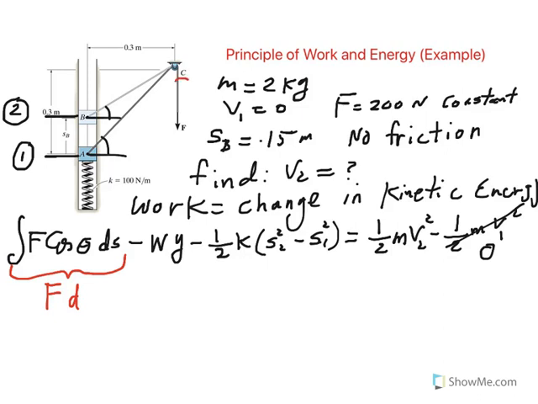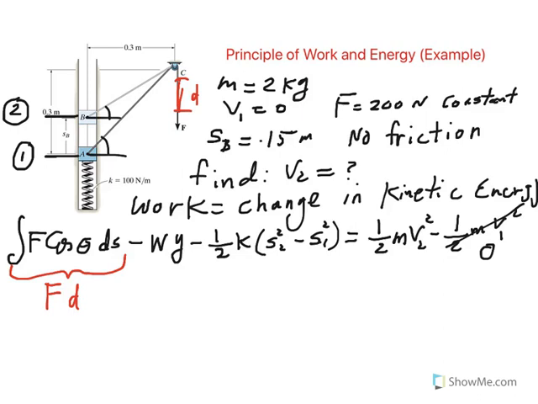By D, I mean the distance that a point on the vertical part of this cable will go through as the block goes from position 1 to position 2.